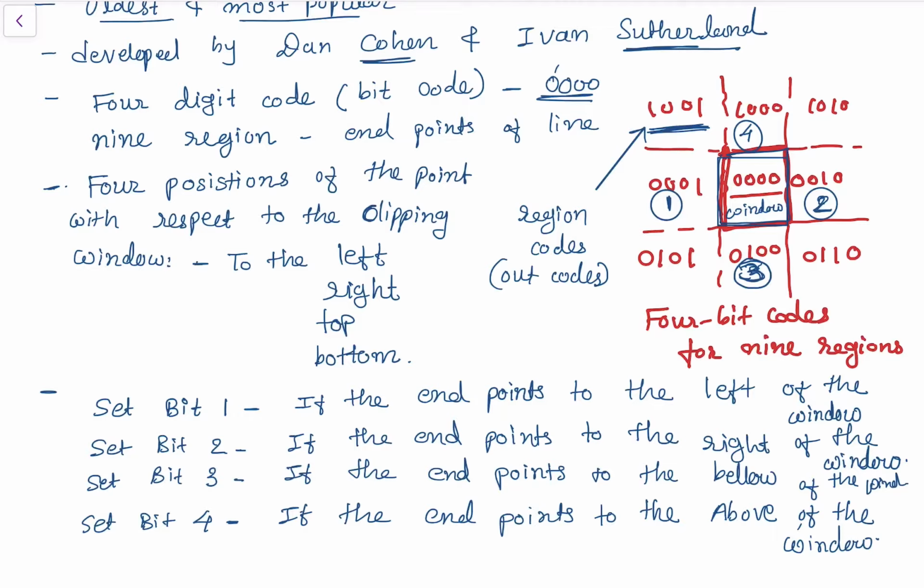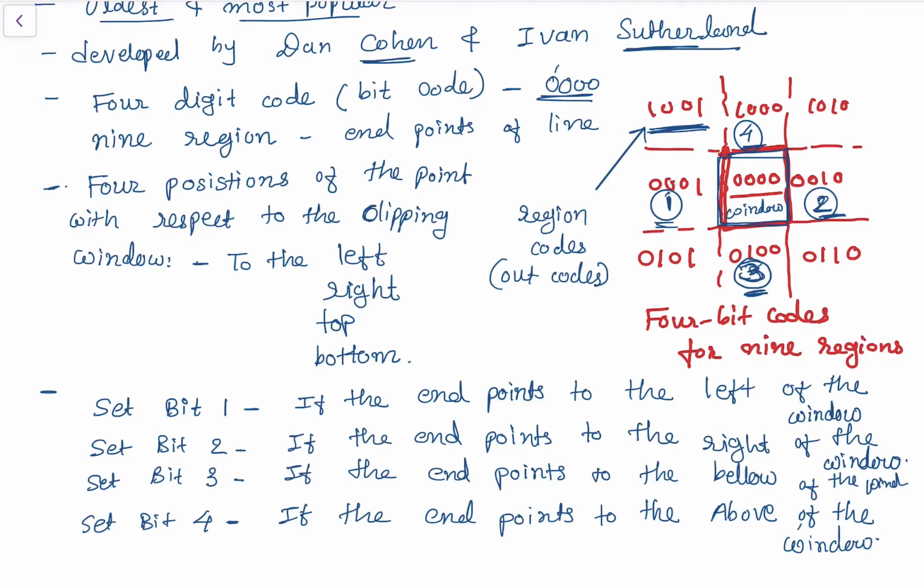This way we can set the 4-bit code of 9 regions. First of all, we go through the left of the window, then right of the window, then below the window, then above the window.